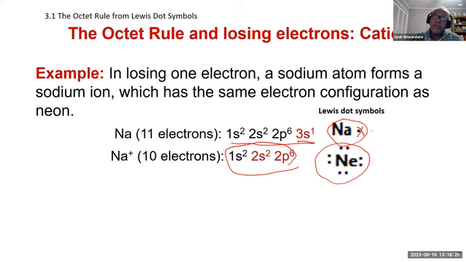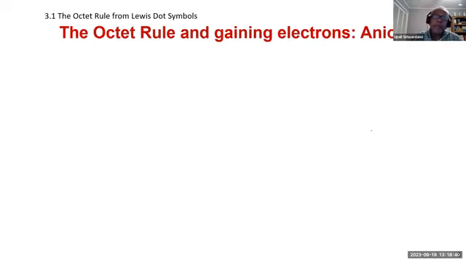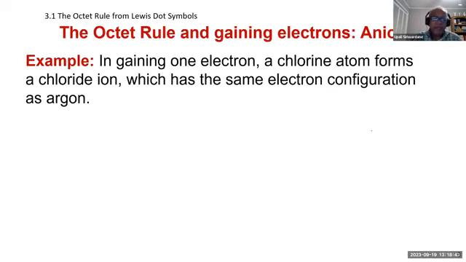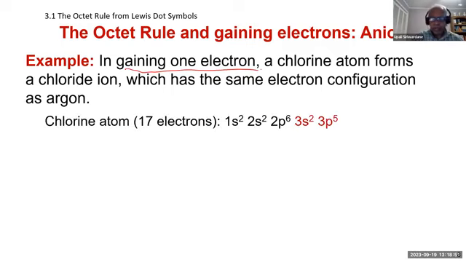So cations lose electrons and get the electronic configuration of the preceding noble gas. On the other hand, anions gain 1 or more electrons. For example, chlorine is gaining 1 electron.